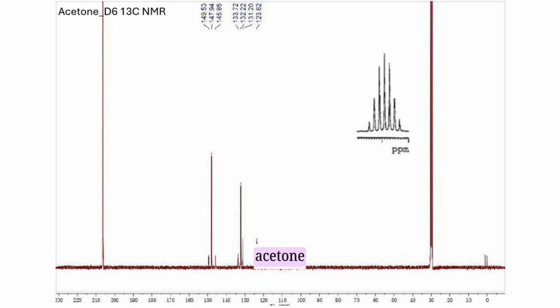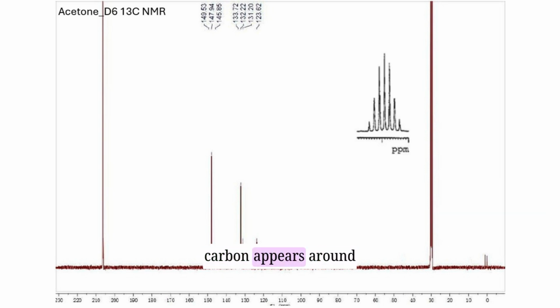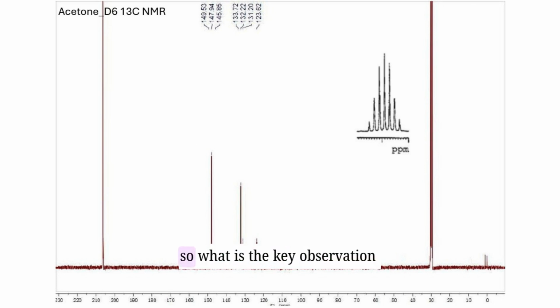Acetone-d₆ generally shows two peaks because of the presence of two different carbons. One is the carbonyl and the other one is the methyl. The methyl carbon appears at 30 ppm as a septet, and the carbonyl carbon appears around 209 ppm as a singlet.